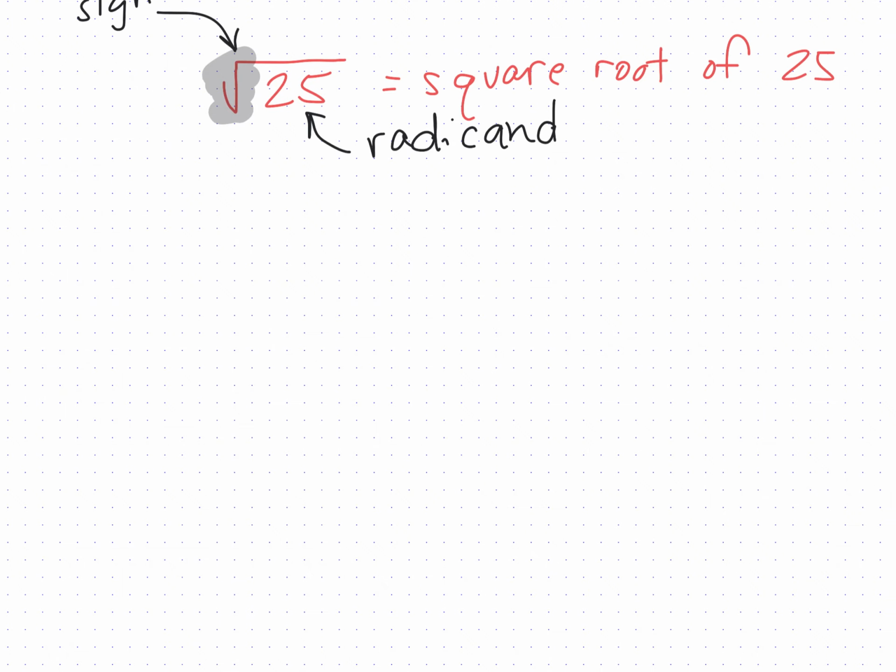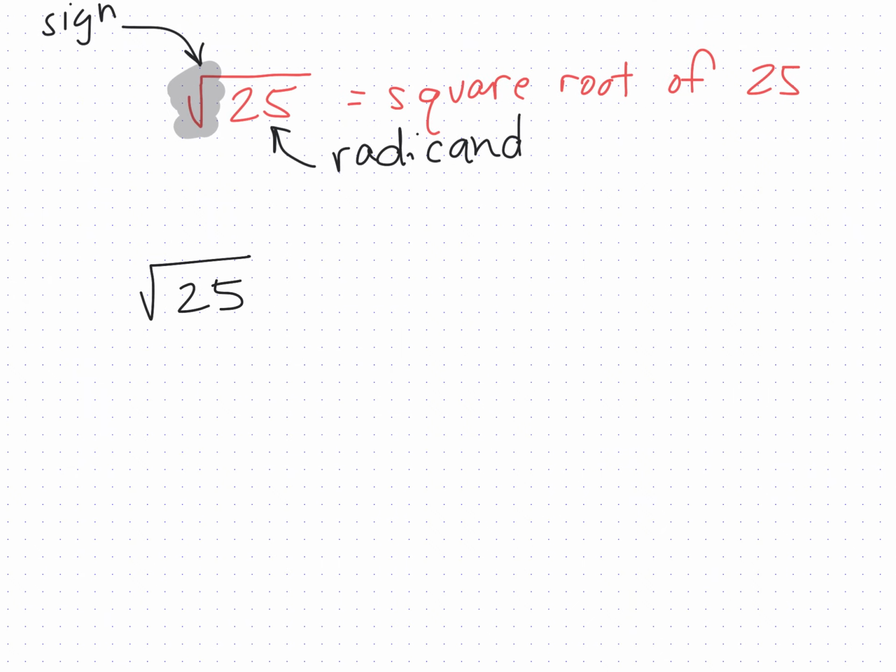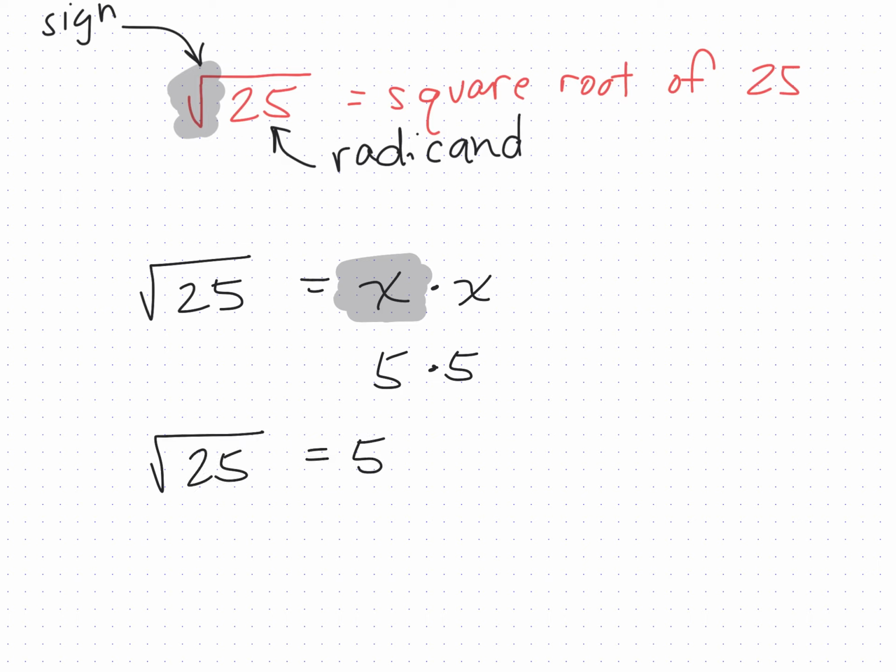With that in mind, when they ask us to find the square root of 25, we're being asked to process what number times itself would equal 25. And it's just that one number that we're looking for. Of course, most of us are aware of the fact that 5 times itself equals 25. So we would say that the square root of 25 is equal to 5.